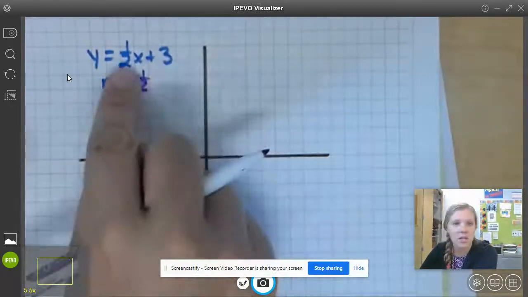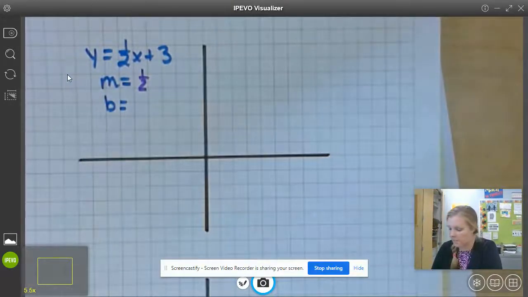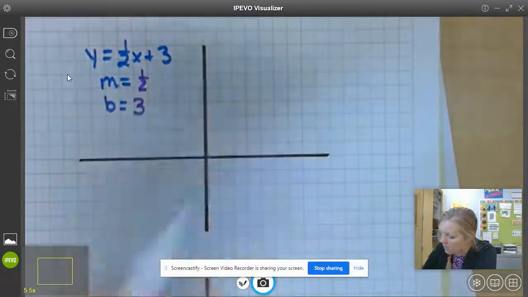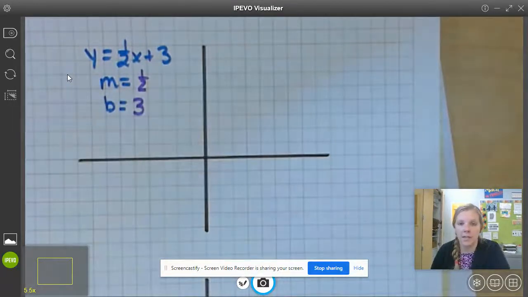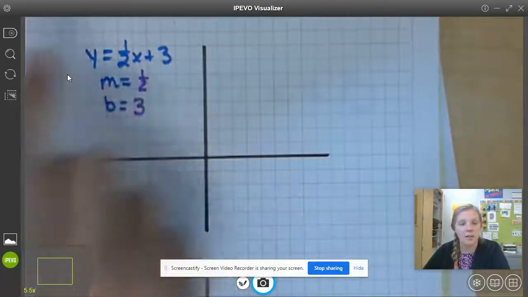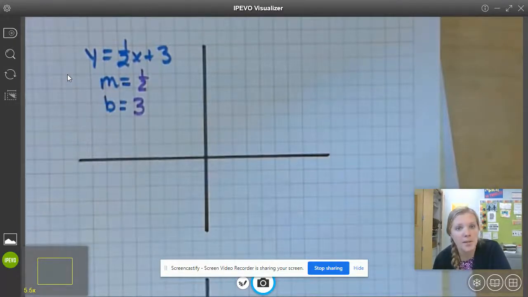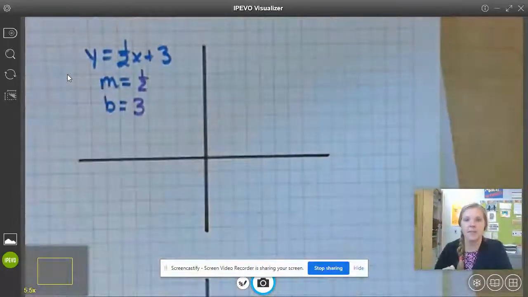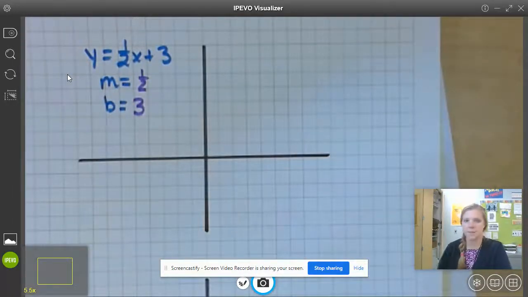It's the coefficient of the x. It's the number in front of x. B is 3. The y-intercept is 3. Notice the x and the y are still in the equation. That's what we were expecting. So we're only looking at the numbers that were filled in for the m and the b. The m is the slope, the b is the y-intercept.